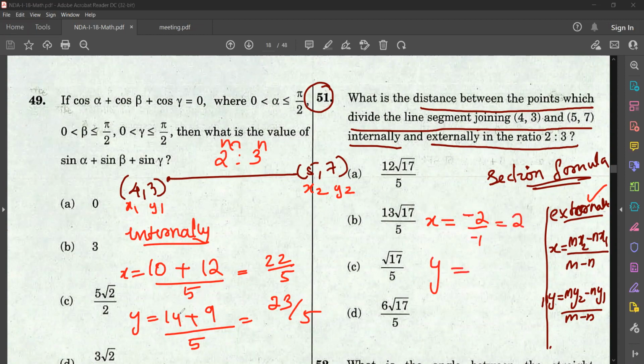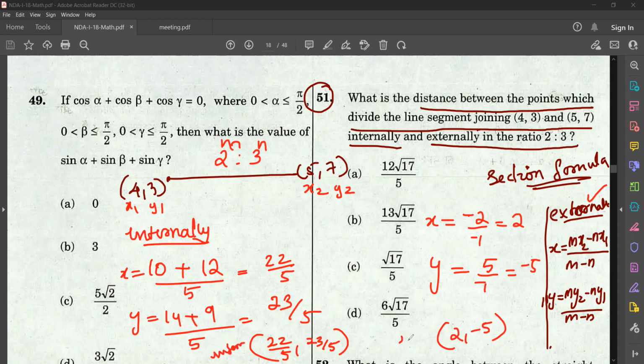Then y = (14 minus 9), that is 5, divided by minus 1. So that is minus 5. So the point is (2, -5). This point is (22/5, 23/5). So this is the point that divides internally, and this is the point that divides externally.